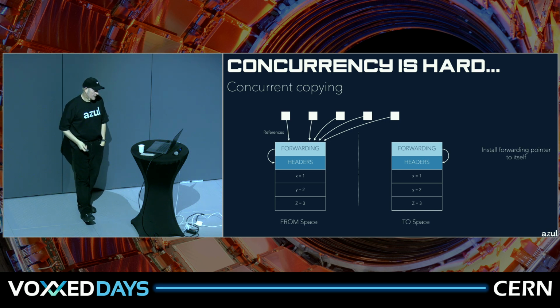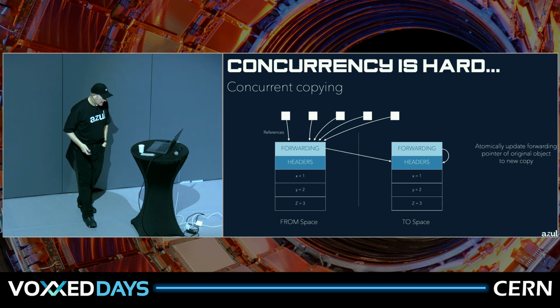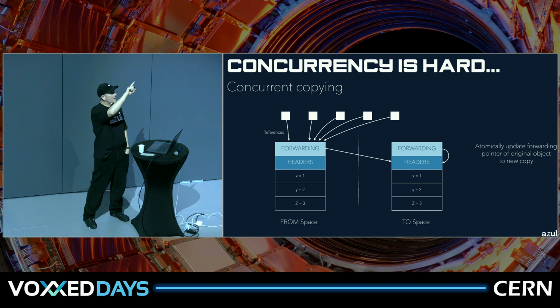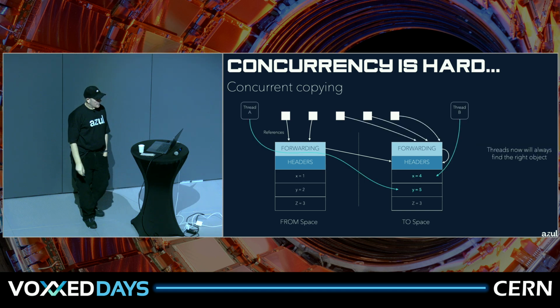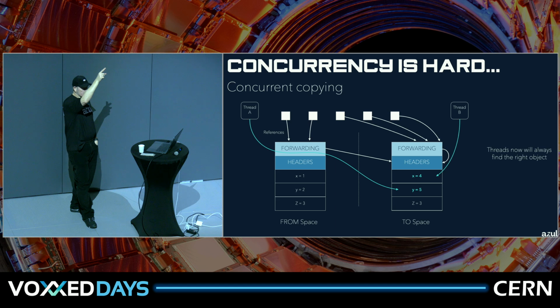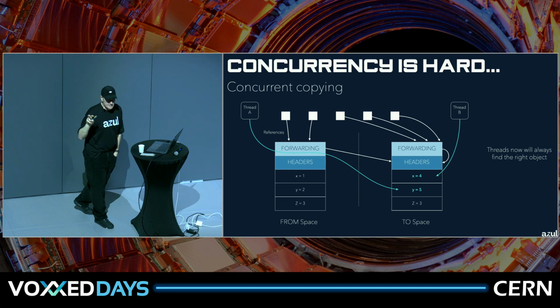And nobody knows about the copy because we didn't start updating the references yet. Now we just update the one pointer, and this is an atomic operation. It just points to the new header, and then we start updating references. What's happening now is everything that points to the old object will be forwarded to the new one, and everything that was already updated is already pointing to the new one. So this is the idea, very basic again, keep that in mind, of a Brooks pointer.